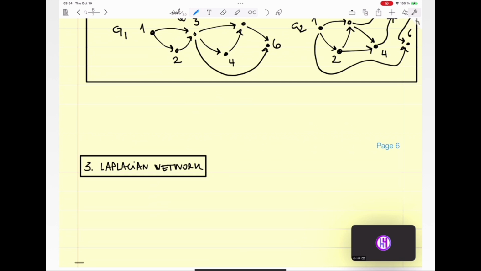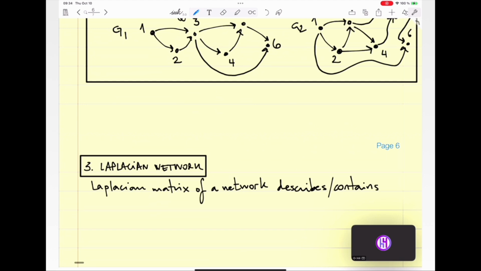So the Laplacian matrix of a network contains all relevant information of a network.